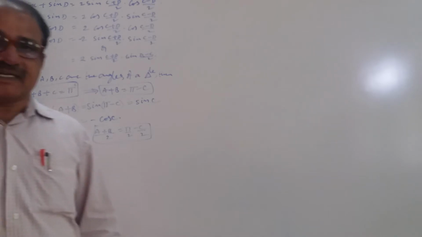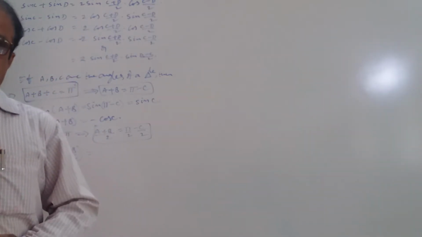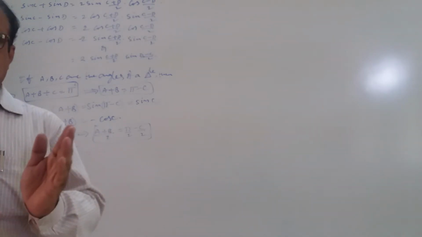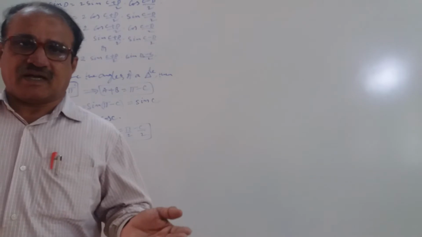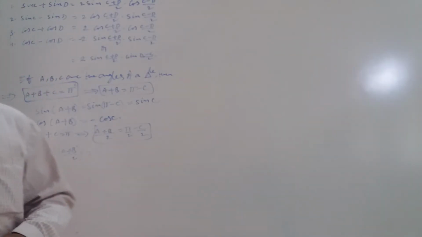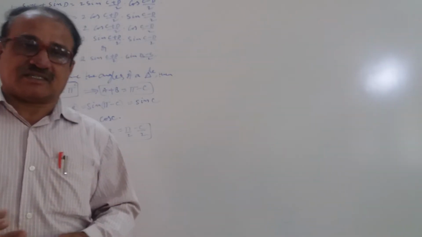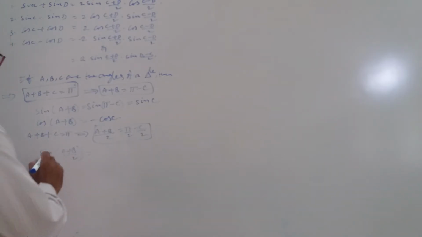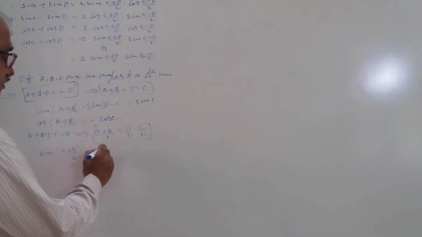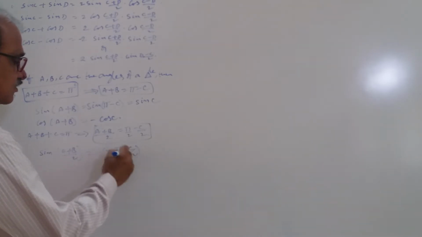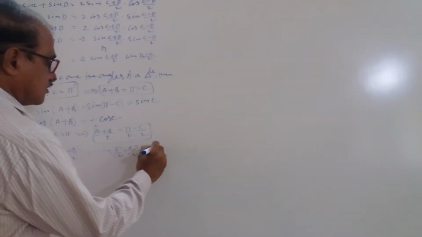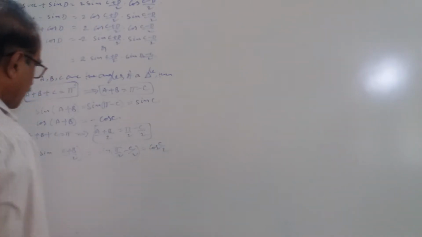Pi by 2 is 90 degrees, so sin will change to cos and cos to sin. Since it belongs to the first quadrant, the sign is positive. So sin (A plus B)/2 is equal to cos C by 2.